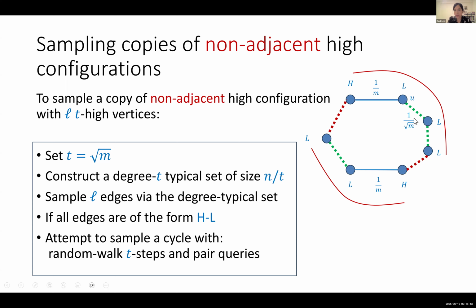So the total probability to sample a specific copy would be roughly 1 over m to the power of k over 2. And therefore we are able to approximately count the number of copies that have non-adjacent high configurations.